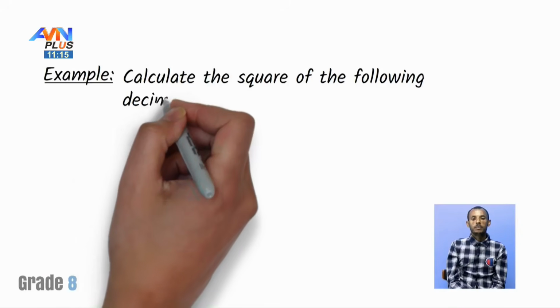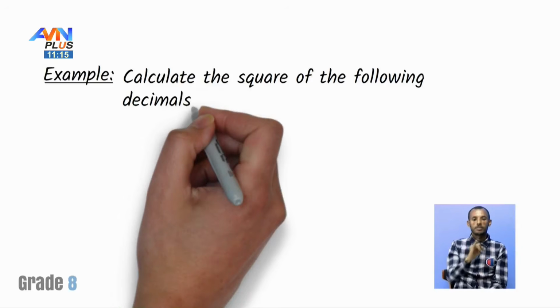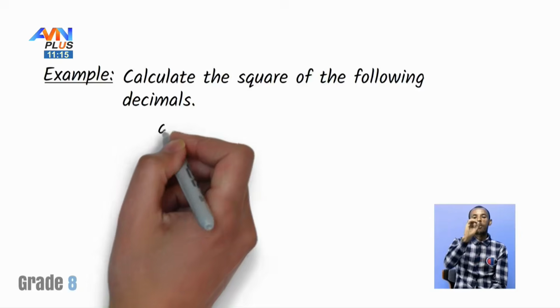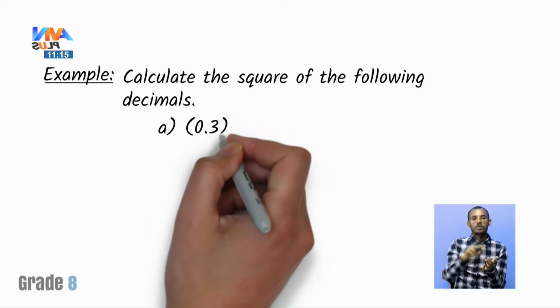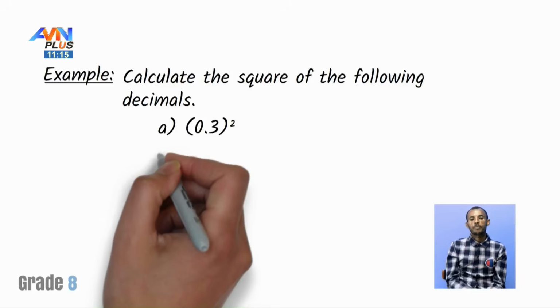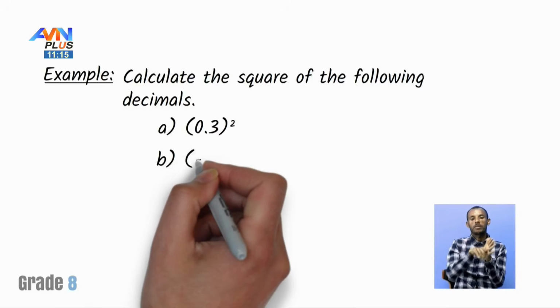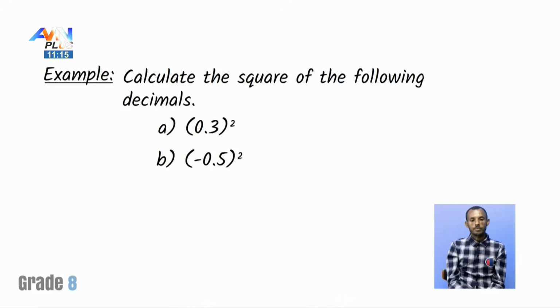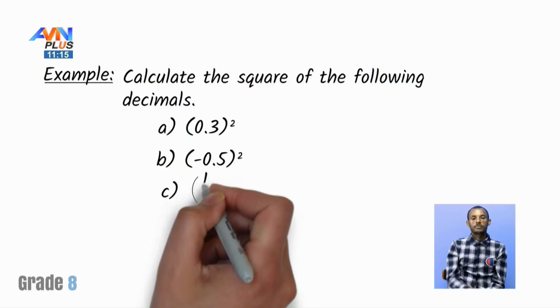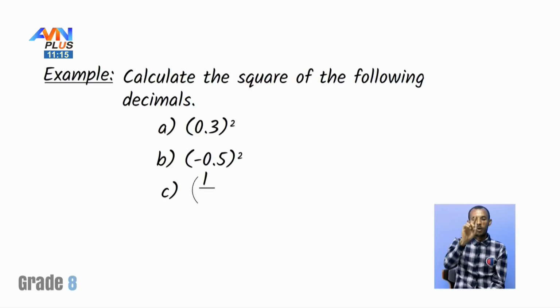The first one is the squared value of 0.3. The second one is negative 0.5, the whole square. C is 1 over 4, the whole square.